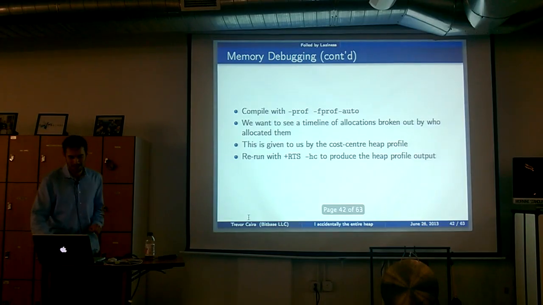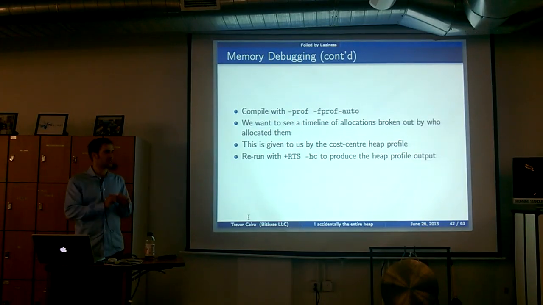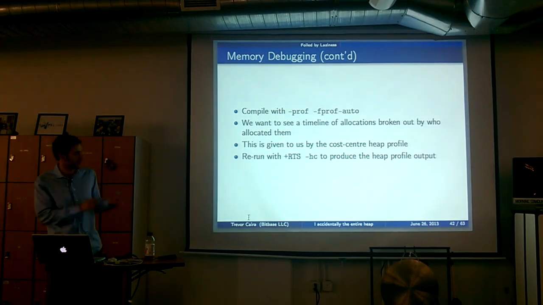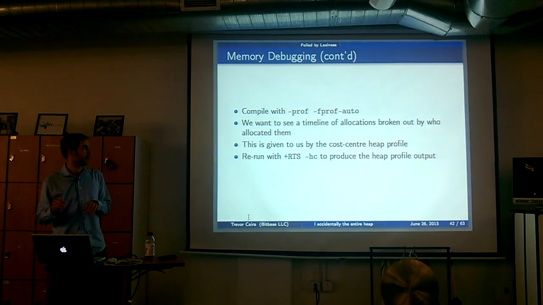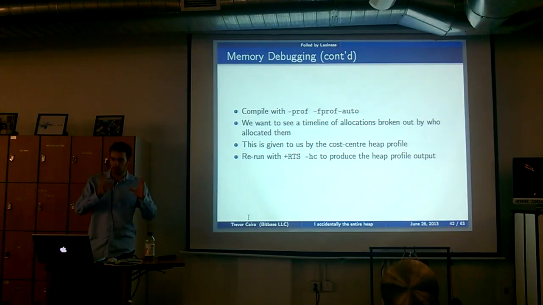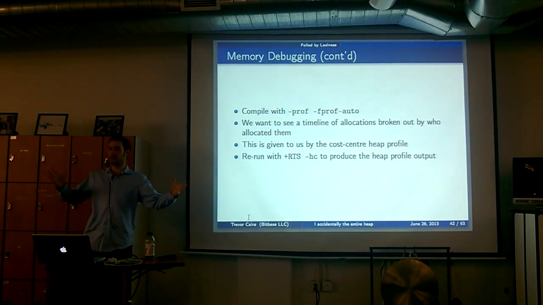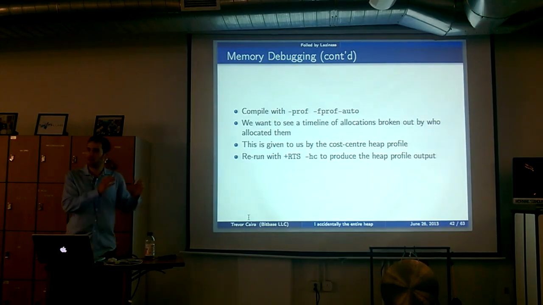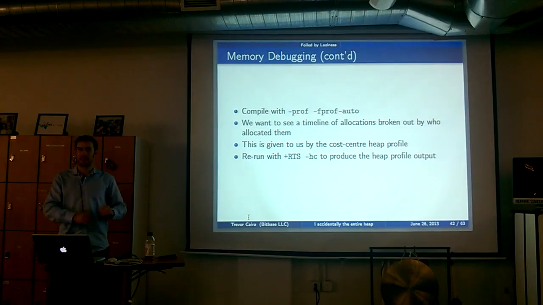Good. So now we type in our GHC command to recompile, and we add -prof and -fprof-auto, which used to be called auto-all. And this will enable us to see what we want to see, i.e. a story told to us by the runtime system of what's happening second by second and who's allocating what.